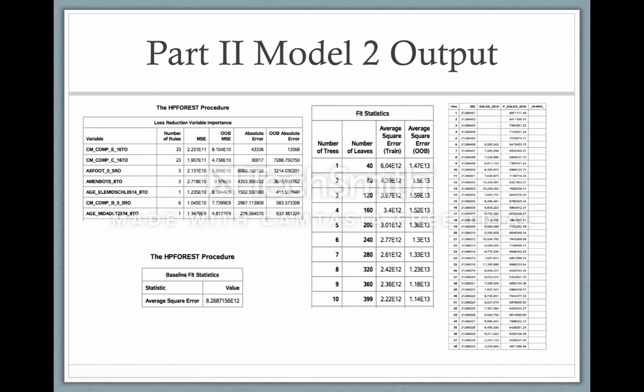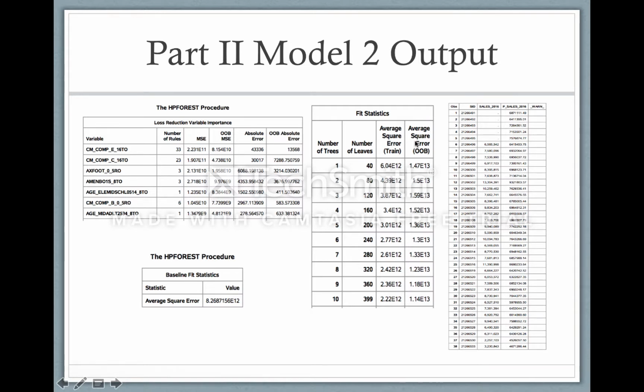On the left side, you'll see the variable importance table, which showed that the first 5 were the most important, which were the ones that we extracted from that. The middle one right here is some of the fit statistics generated from the regression code. On the right, even though it's really small, because there's a lot that was predicted, you can see the P_sales_2016 column, which has a bunch of predicted values for sales 2016.